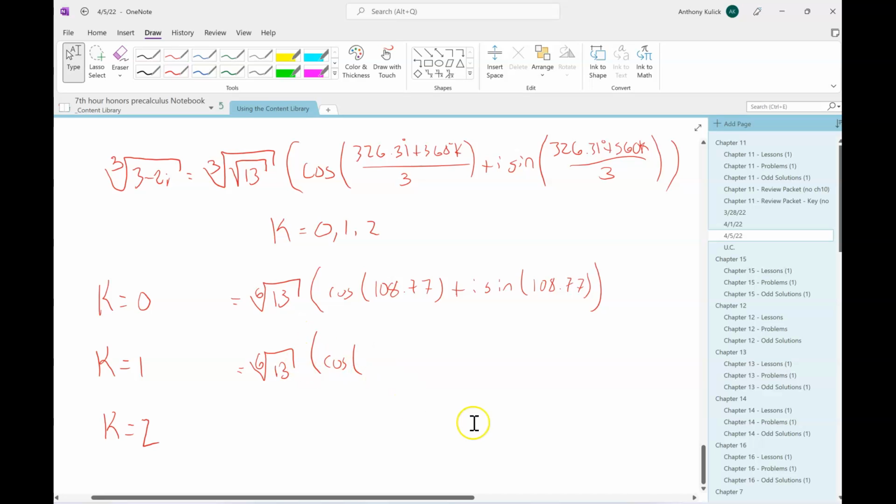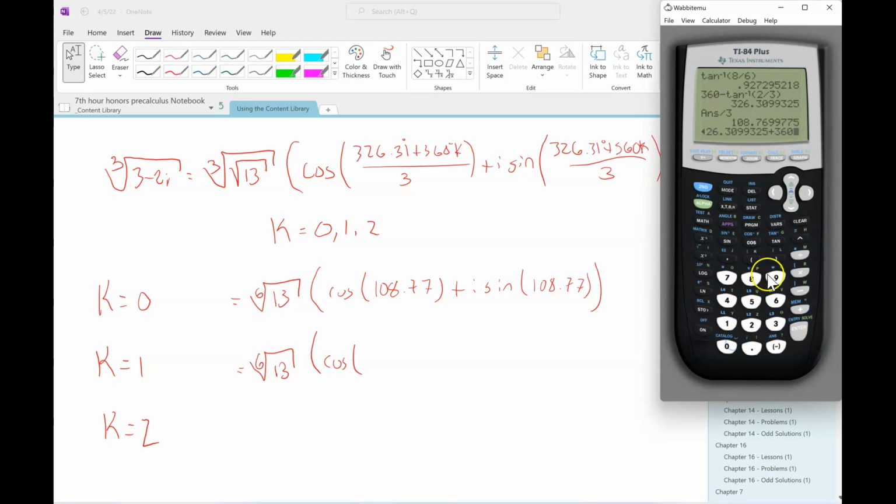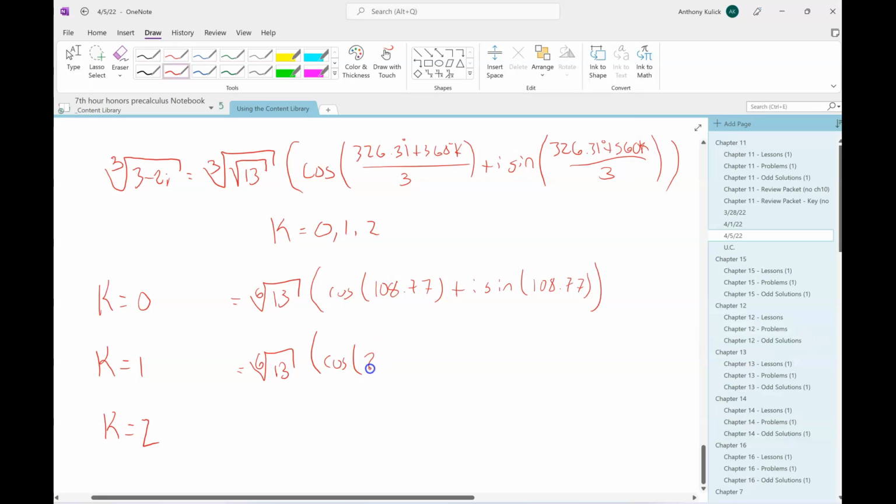When k equals 1, I'm going to take 326 plus 360 divide by 3. So that's going to be cosine 228.77.